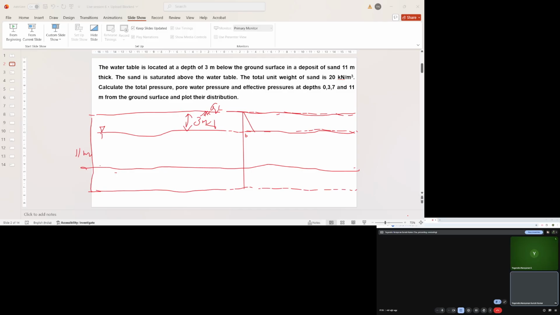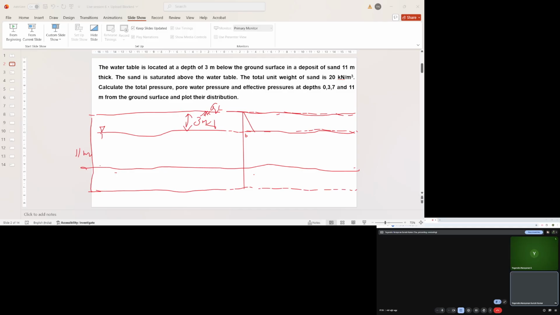So the total stress at 0 is 0, pore water pressure at 0 is 0, and effective stress at 0 is 0. At 3 meters, the total stress is 60, the pore water pressure is 0, so the effective stress is 60. At 7 meters, since the sand is completely saturated, the total stress is just 20 into 7, which is 140.